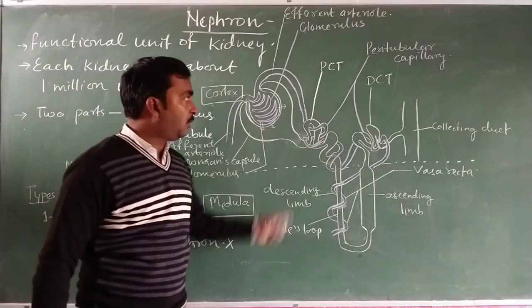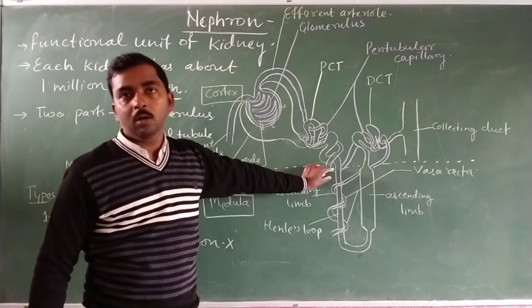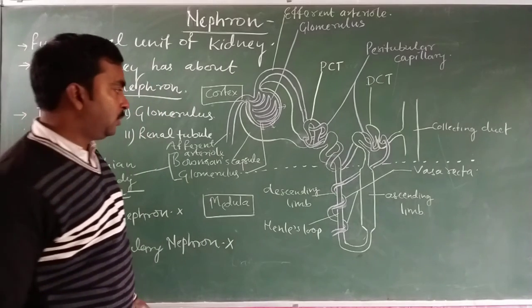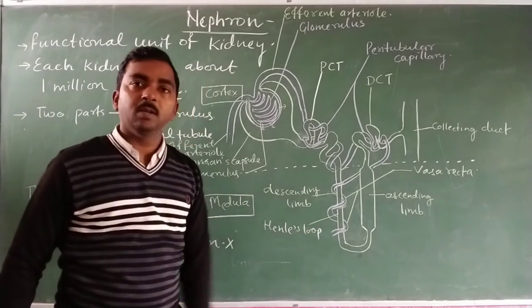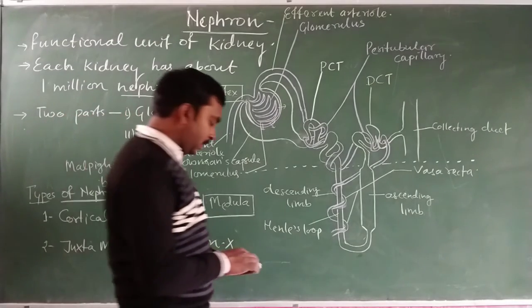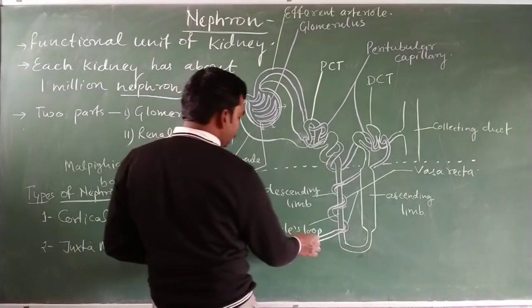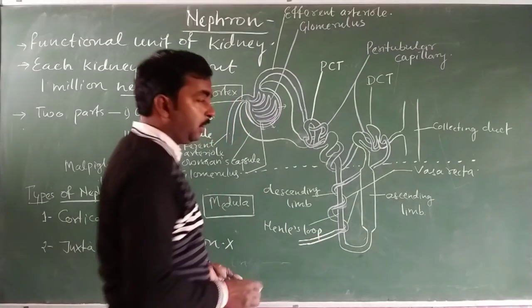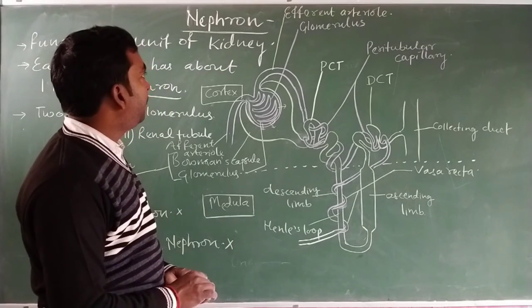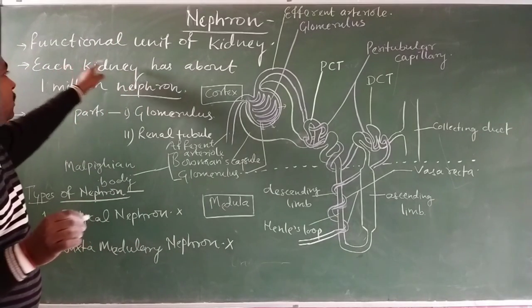Because in cortical nephron the loop of Henle is too short or too reduced, vasa recta is not produced, while in the case of juxtamedullary nephron the vasa recta appears. And this vasa recta collectively opens into the renal vein. So this is all about the structure of nephron, which is the functional unit of the kidney.